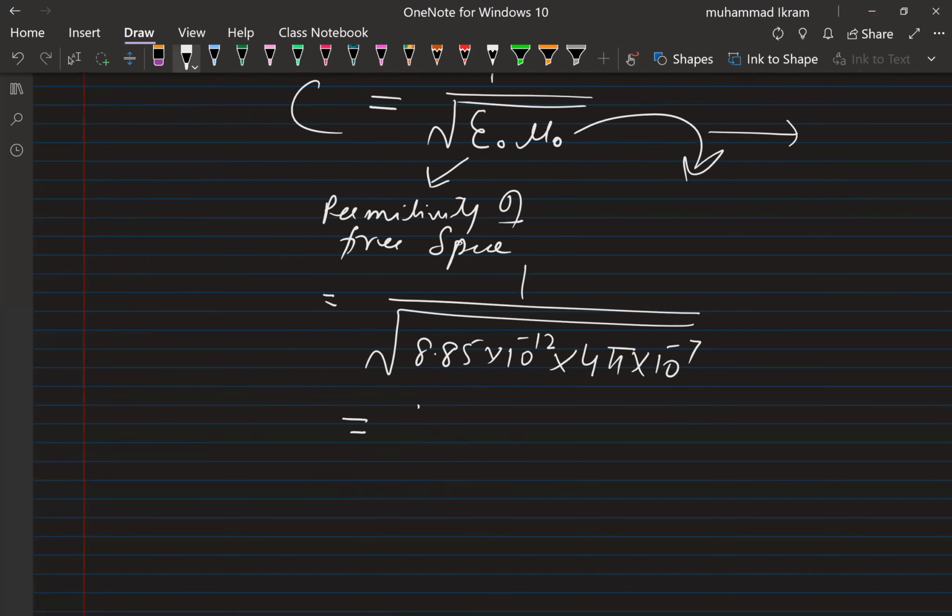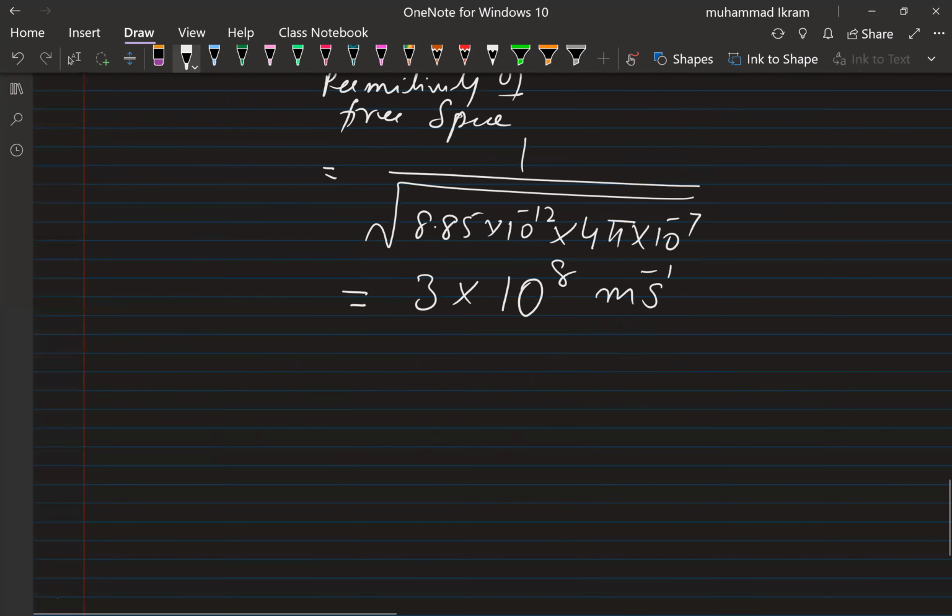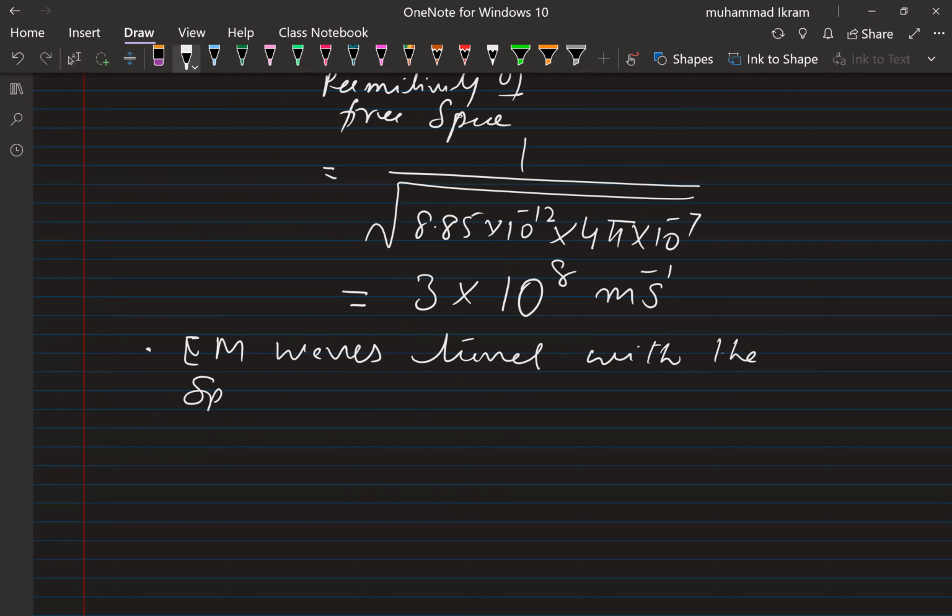But I just wanted to tell you a very important point: it comes out to be nothing but the speed of light. So what does this suggest? This suggests that EM waves travel with the speed of light.